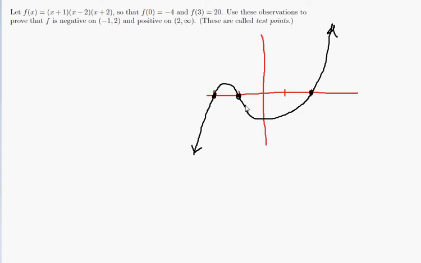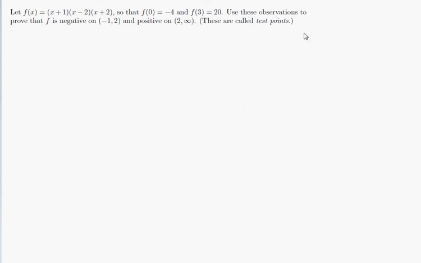But as a first step toward curve sketching, sometimes test points are used for this purpose. So basically the question is, why do test points work? Prove that f is negative between negative 1 and 2, and prove that it's positive between 2 and infinity.